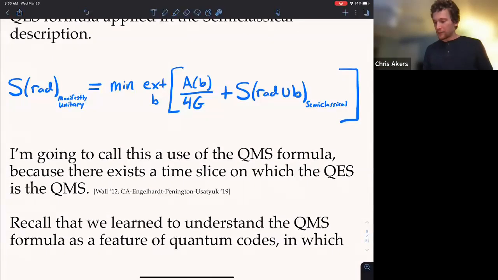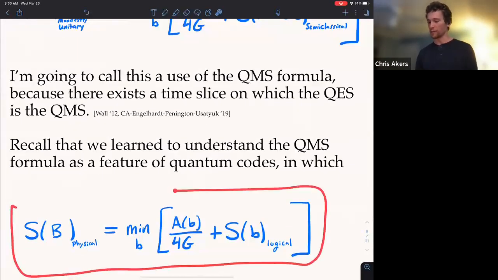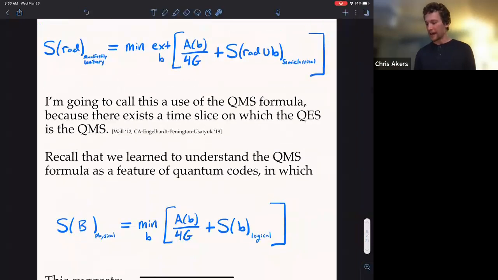And so recall that we learned to understand the QMS formula as a feature of quantum codes in which this formula held. So right, this was just the quantum minimal surface formula that we had in that theorem. And so what I want from you is to just look at these two formulas and say, perhaps this is telling us that we should think of the manifestly unitary description as the physical description of some quantum code, and the semiclassical description as the logical or input part of some code.